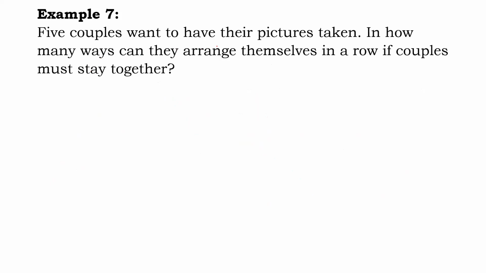5 couples want to have their pictures taken. In how many ways can they arrange themselves in a row if couples must stay together? So, 5 couples meaning 10 persons.